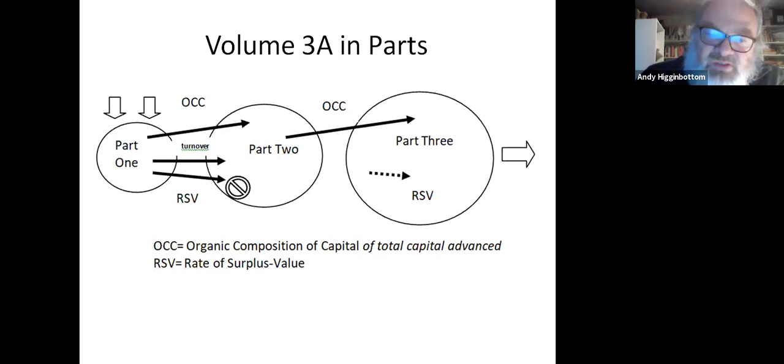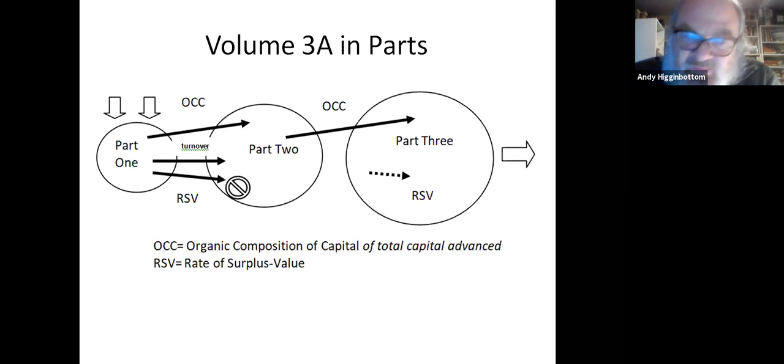Now, what Marx does once he's established the parameters of the problem in part 2 is he only really looks at one main variable, which is the different sectors of production according to their average organic composition of capital. And he basically suspends or keeps as fixed the rate of surplus value.